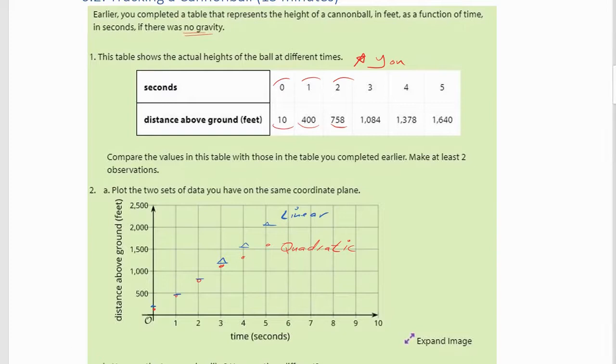So hint, remember the 16. I should not probably use n. I should probably use t for time. So that's my hint. Go ahead and try to create an equation with your group.